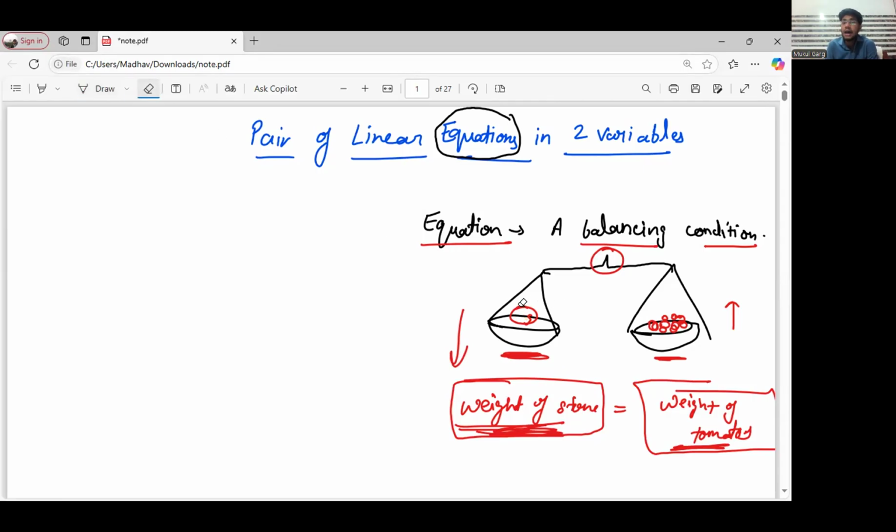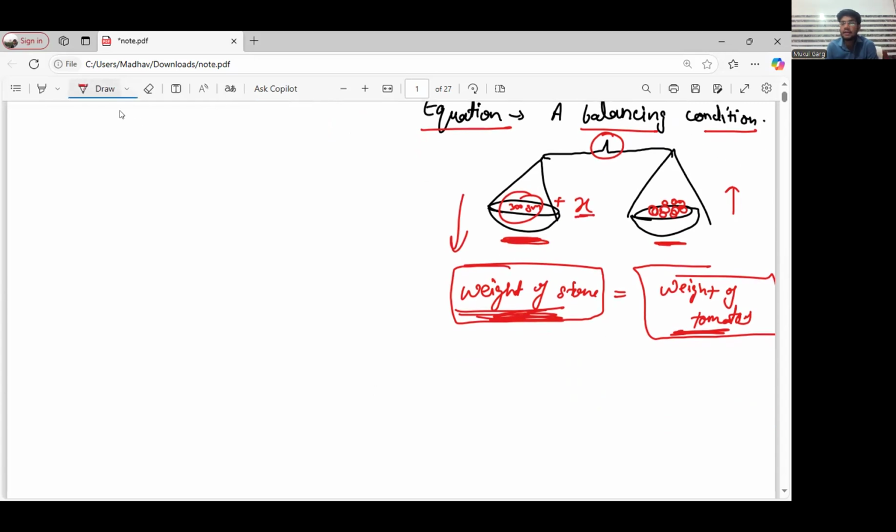For example, and how to make linear equation in one variable, let me just show you. Suppose मुझे तो मालूम है कि यहाँ पर 1 किलो टमाटर है, मैंने यहाँ पर ना सपोज 300 ग्राम्स का कोई वेट रख दिया। तो अब मुझे बताओ बैलेंस करने के लिए मुझे यहाँ पर क्या रखना पड़ेगा। आई डू नॉट नो क्या रखना पड़ेगा। मैंने एक वेरिएबल मान लिया x, मैंने कहा कि x ग्राम वेट मुझे यहाँ पर रखना पड़ेगा। तो इस बैलेंसिंग कंडीशन के अकॉर्डिंग जो लेफ्ट साइड पर वेट है वो राइट साइड पर टमाटो के वेट के इक्वल होना चाहिए, यानी 1000 ग्राम होना चाहिए, क्योंकि 1 किलो टमाटर मतलब 1000 ग्राम है ना, क्योंकि ये बैलेंसिंग कंडीशन में है, इसीलिए दोनों बराबर होने चाहिए। सो दिस इक्वल टू साइन प्लेज एन वेरी इंपॉर्टेंट रोल हियर.